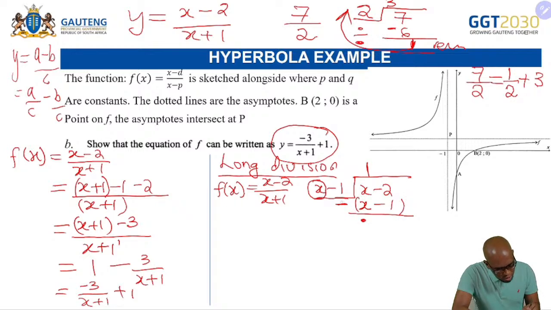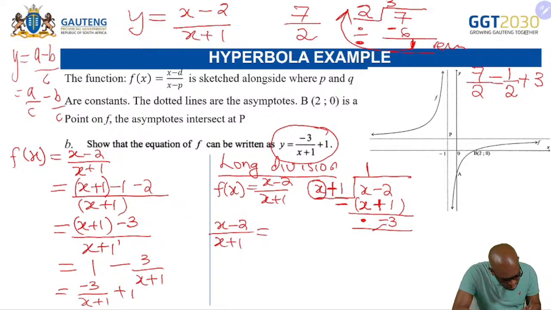I made a mistake. The divisor is x plus 1. I'm dividing x minus 2 by x plus 1. So this becomes x plus 1 here. So you get minus 2 minus 1, you get minus 3. So we see that x minus 2 over x plus 1 can be written as the remainder divided by the divisor plus the quotient.